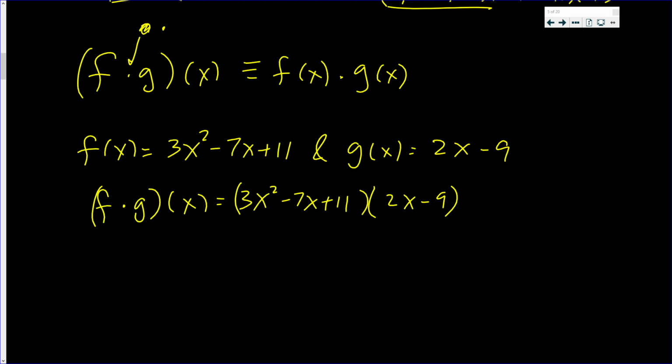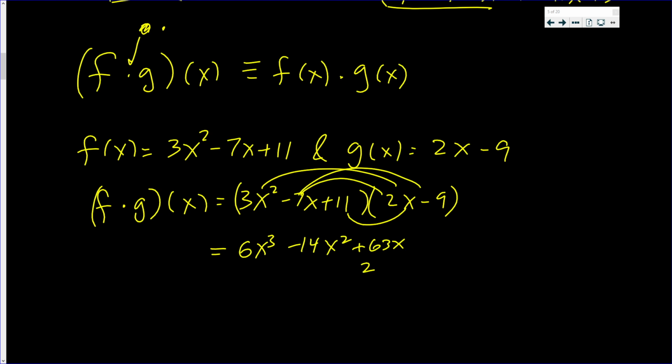If you want, you can distribute. That product there will be 6x cubed minus 14x squared plus 63x plus 22x's.